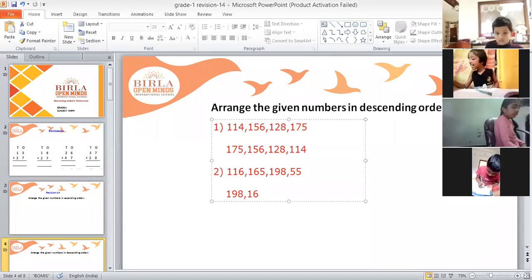Next after 165, next number 116. And only one number is left, that is 55. Not 155, it's only 55. Yes.